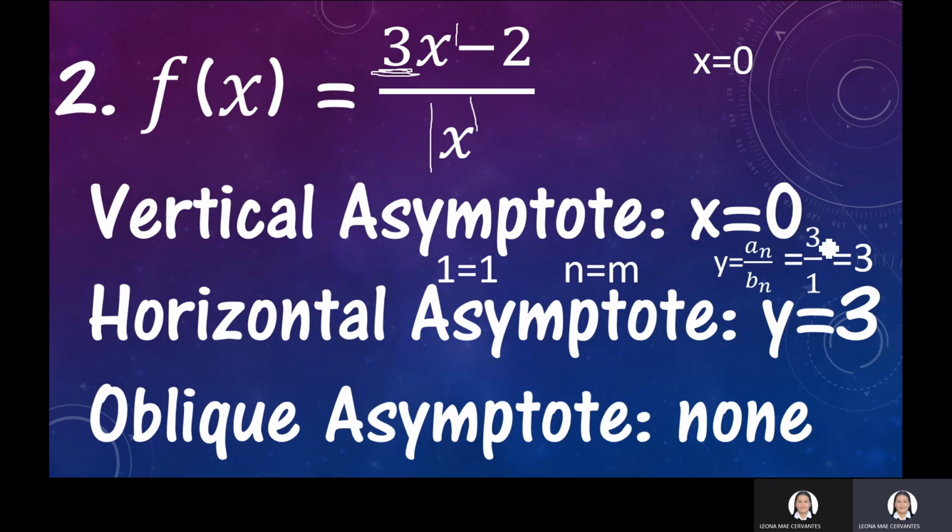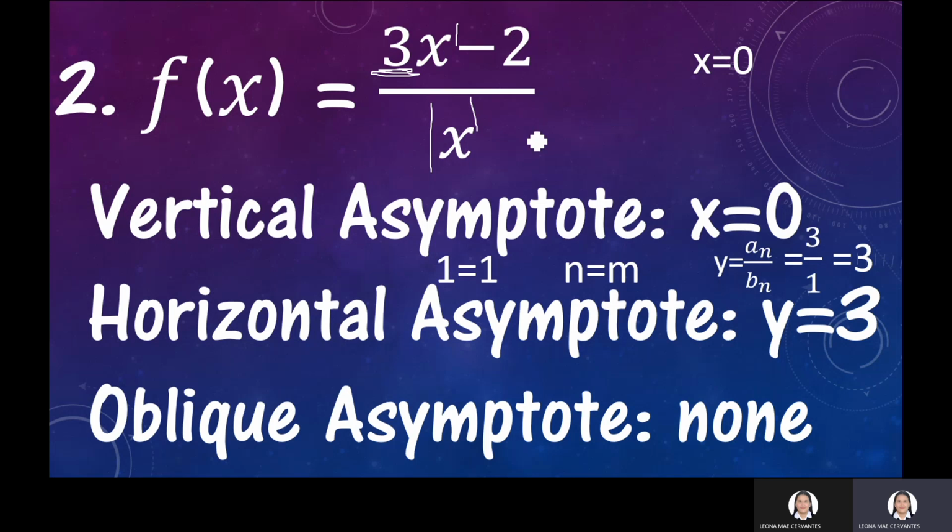So, a sub n is equal to 3, b sub n is equal to 1, 3 over 1, or 3. Therefore, horizontal asymptote is y equals 3. Oblique asymptote, none.